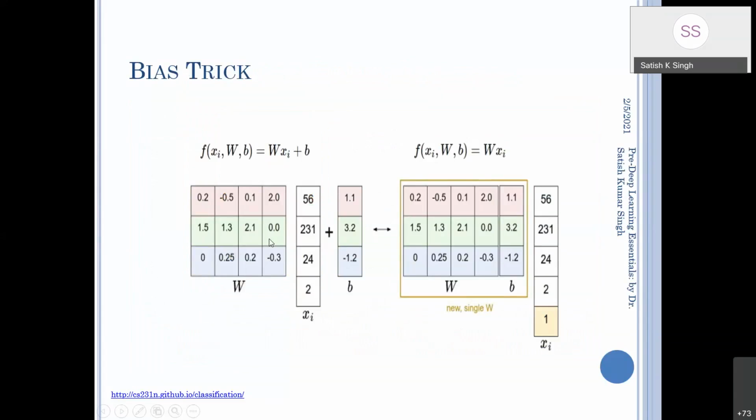So here I said this is not a completely linear process, so there is a trick. Simply you include the bias term and add one more column to the data matrix. Now there is a 3 by 5 W matrix, and X is increased by one more dimension.